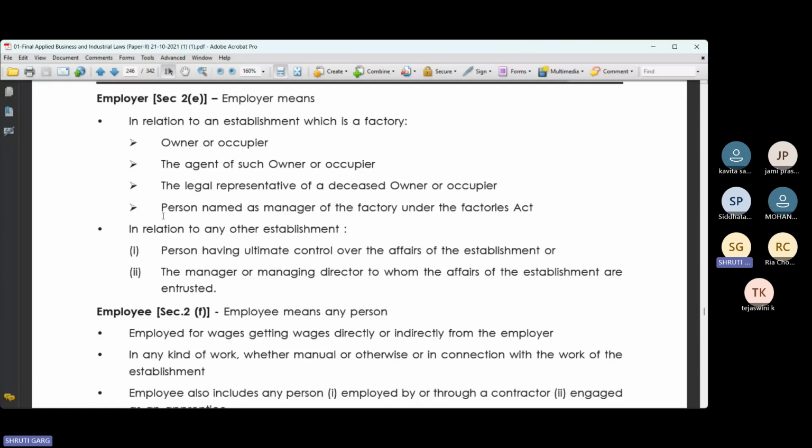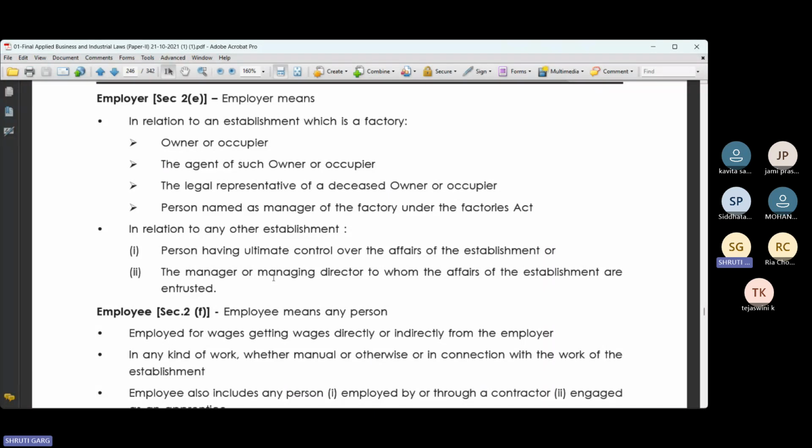And in relation to any other establishment, persons who have ultimate control over the affairs of the establishment and the manager or managing director to whom the affairs of the establishment are entrusted will be treated as employer.